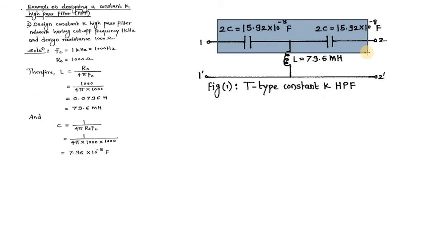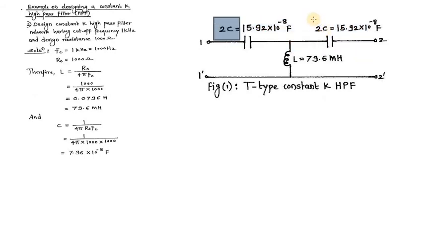So two series capacitors will be equal to the value C only when 2C is connected in series with 2C. That is why you have to double the value of capacitance that you got when you decide the value for this capacitor. Similarly, you have to write double the value of this capacitance for the capacitor over here.